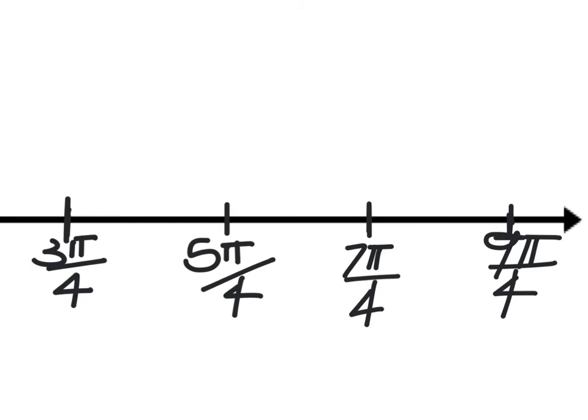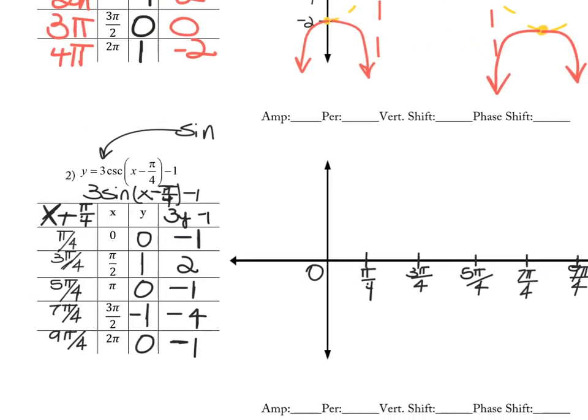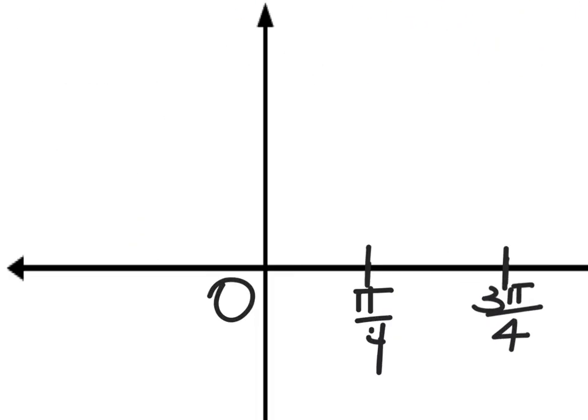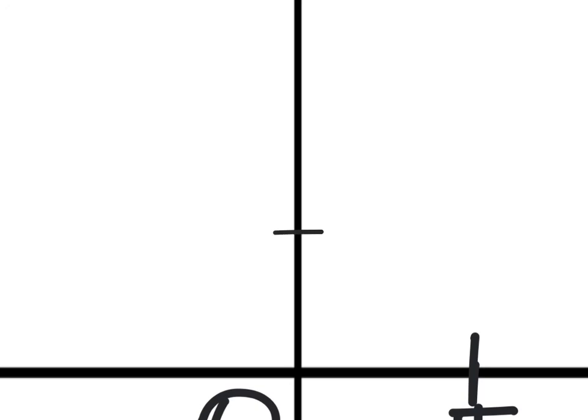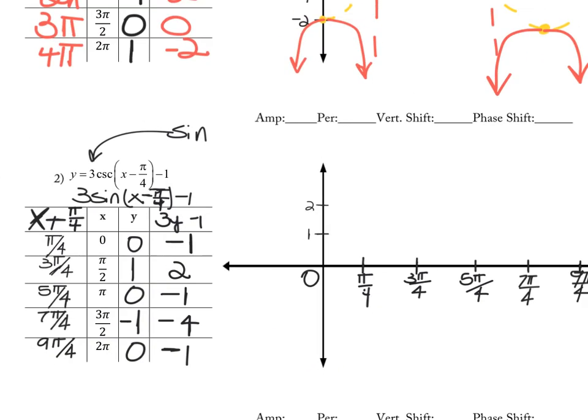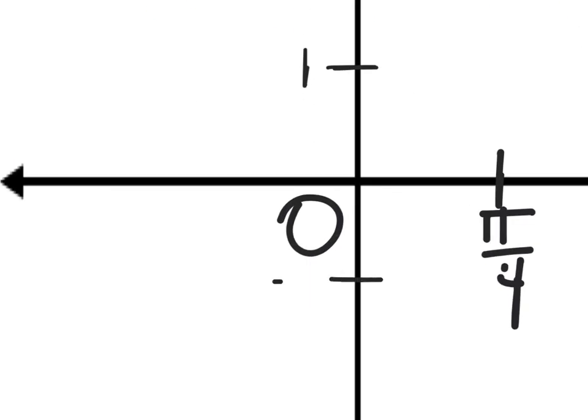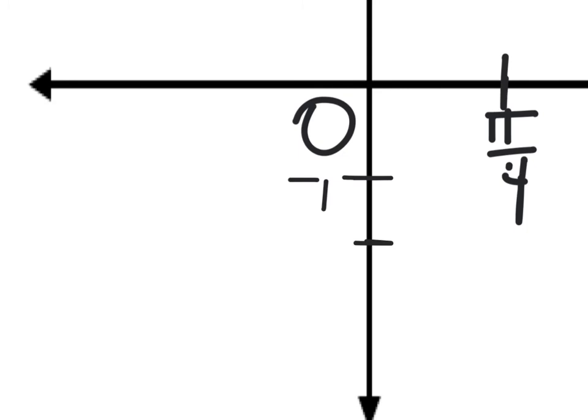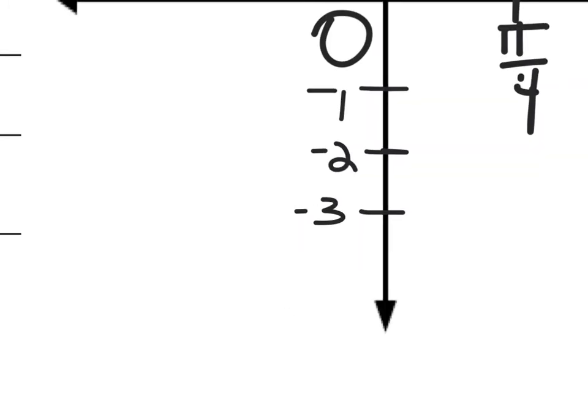This is disgraceful. I'm sorry about my handwriting, guys. This app is no good. All right, we got 1, we got 2, and it looks like we're going to go down to -4. So -1, -2, -3, -4.